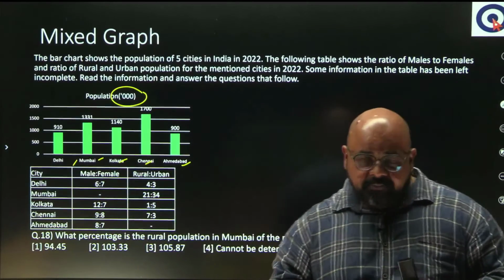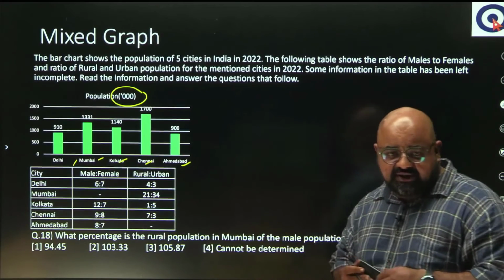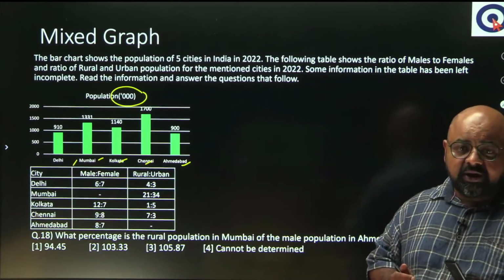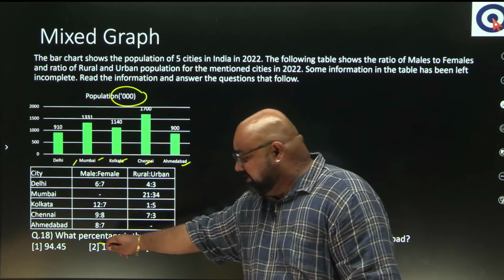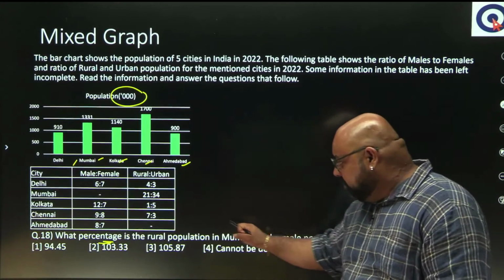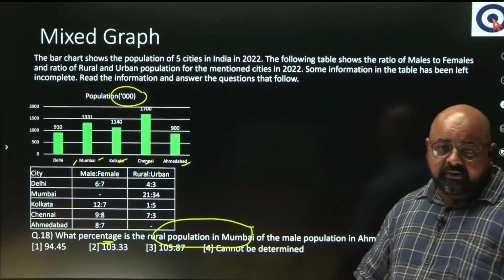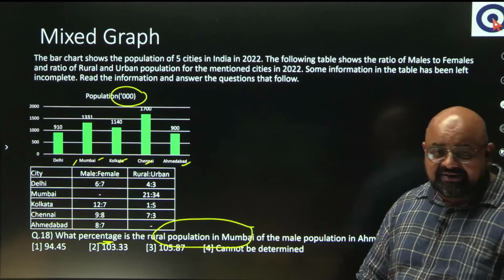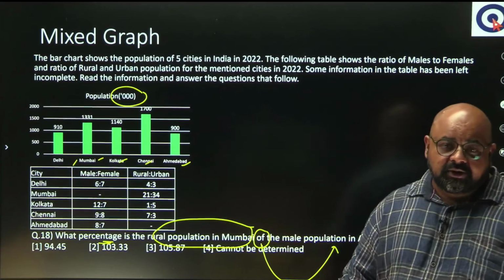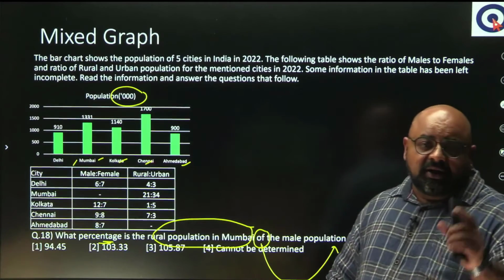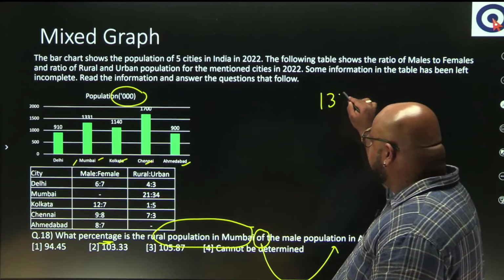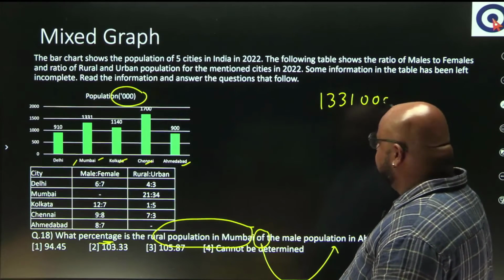The first question here, question 18, says, what percentage is the rural population in Mumbai of the male population in Ahmedabad? So I have to find out the percentage. The numerator becomes the rural population in Mumbai, which is, population of Mumbai is 1331,000.